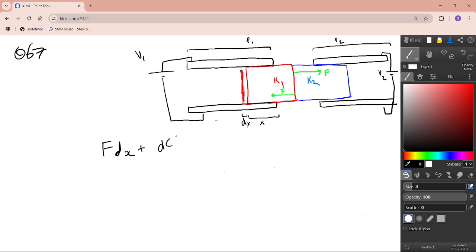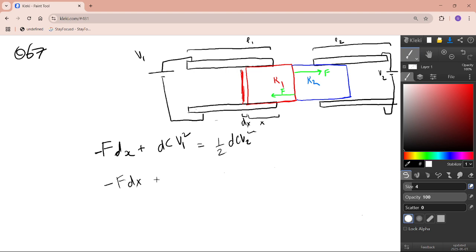dC V1, the charge going through V1, so V1 squared is equal to the change in kinetic energy, which is half dC V1 squared, minus F dx. Sorry, it's minus, not plus, because the external force is pulling it to the right, but it's moving to the left by my assumption.